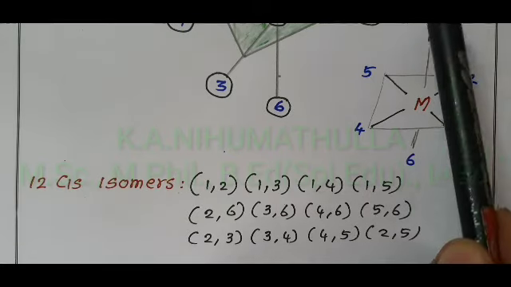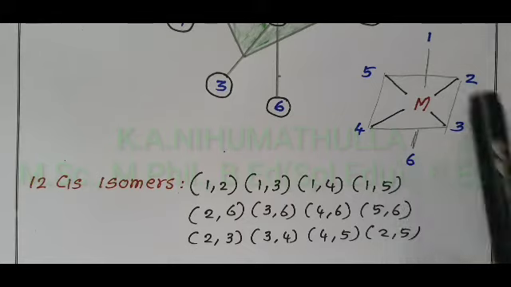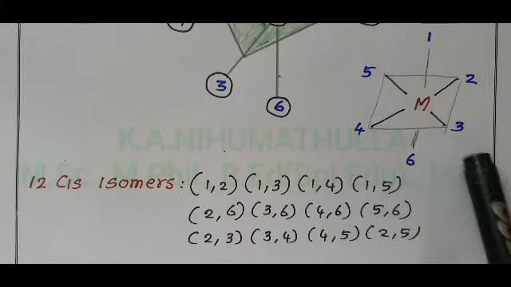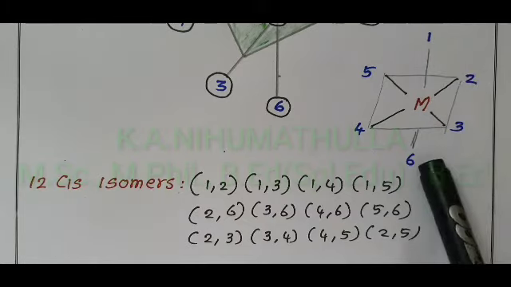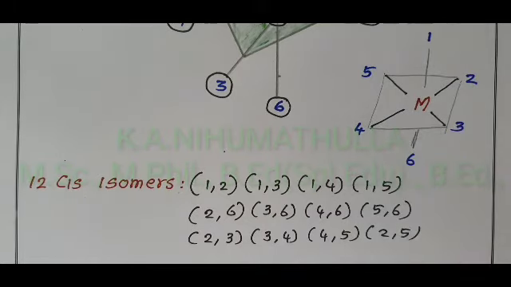Trans means opposite. Opposite to the first position is 6, opposite to the second position is 4, opposite to the third position is 5. So 1,6; 2,4; 3,5. How many trans isomers?